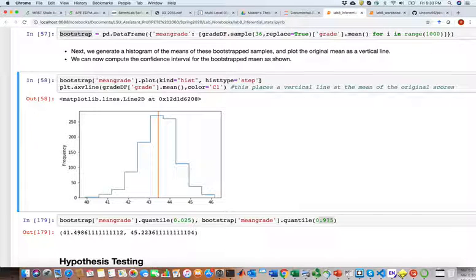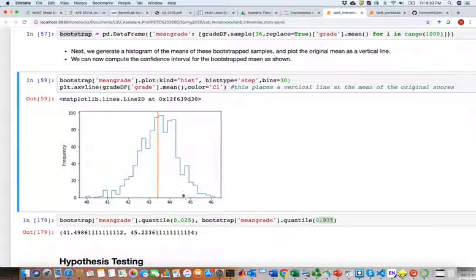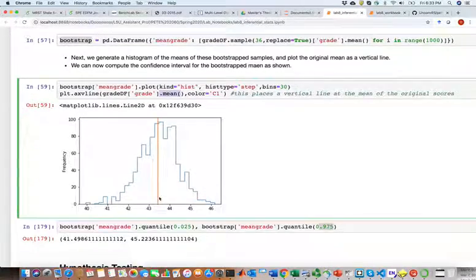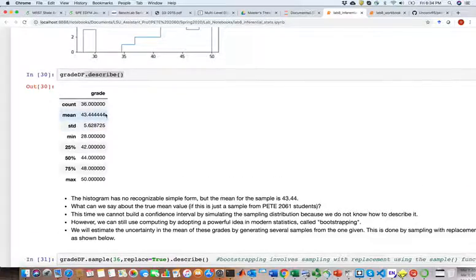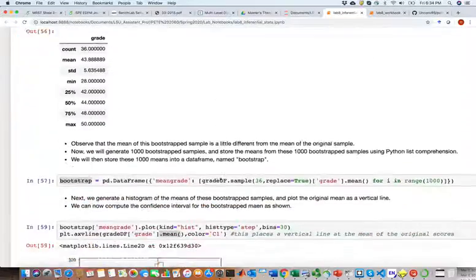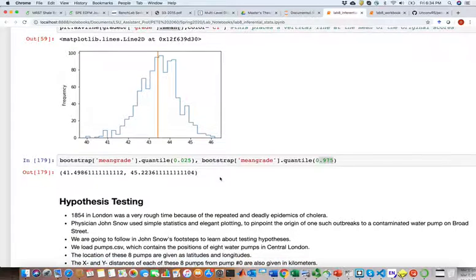If you change the number of bins here, the appearance can change a little bit, right? Bins equals 30, for instance. Then it looks a little different. We can plot the vertical line at the mean. So the mean is about 43.44, which is basically almost identical to the mean of the original sample containing 36 results.